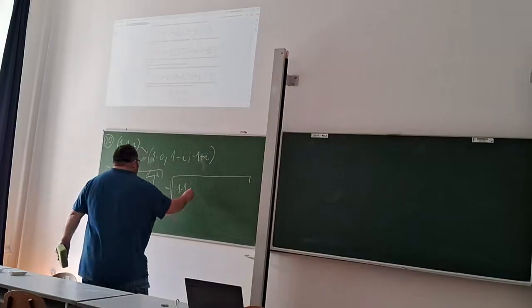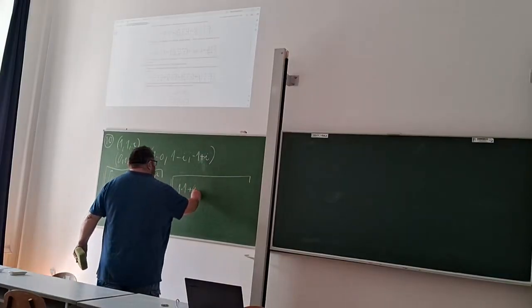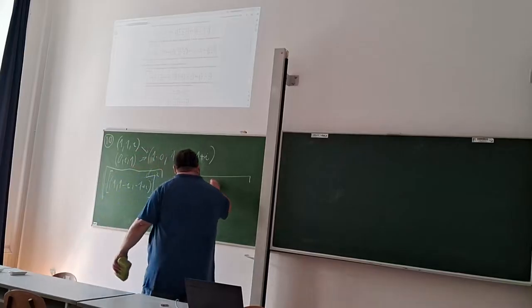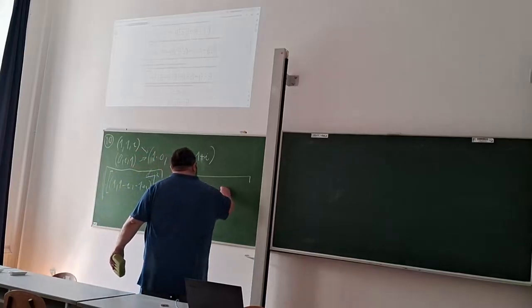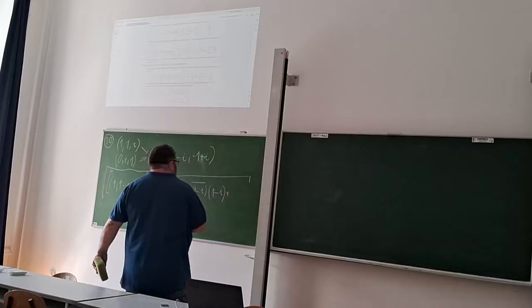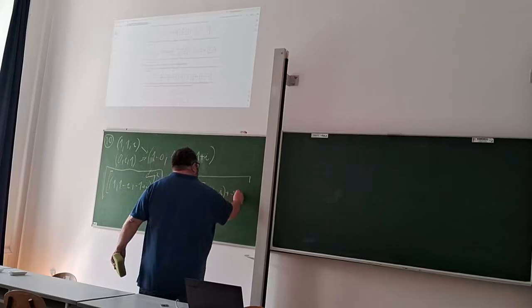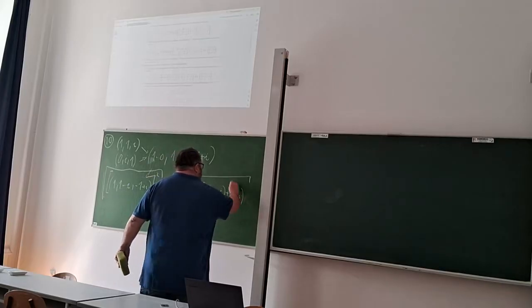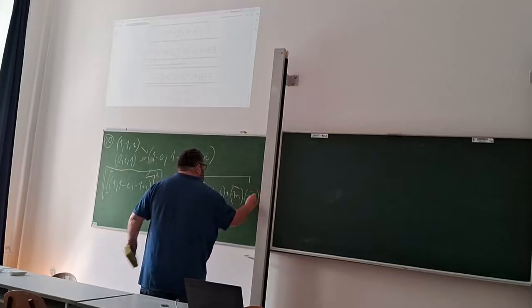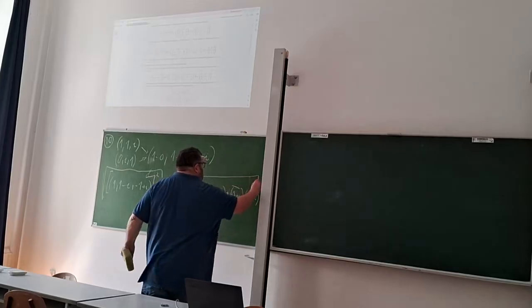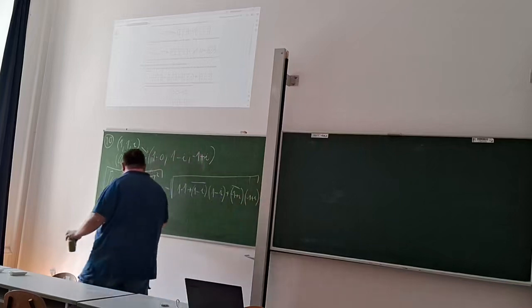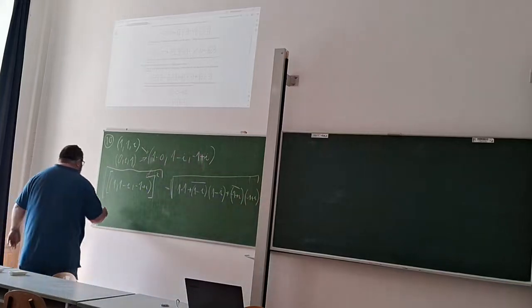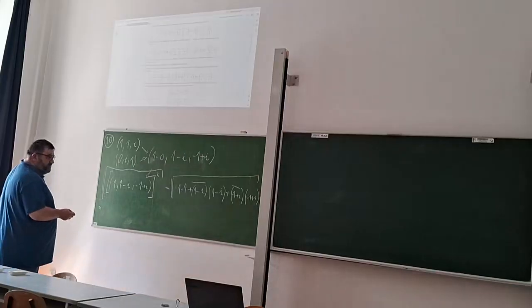Then you multiply the conjugate of the second element with the original second element, and then you multiply the conjugate of the third element with the original third element.